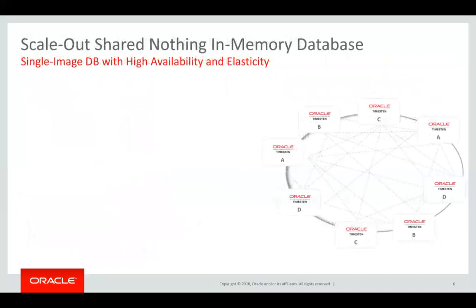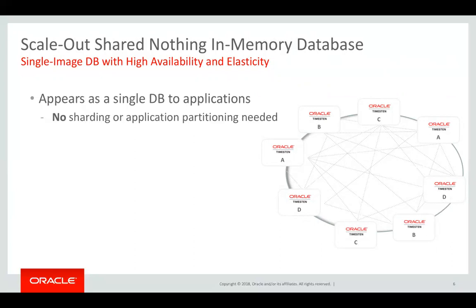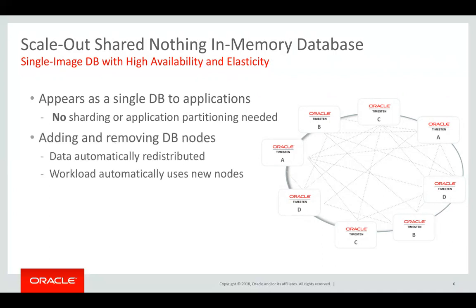It is a scale-out, shared nothing, in-memory database architecture featuring high availability and elasticity. It appears as a single image database to applications. Applications do not need any kind of sharding or partitioning. It is elastic. You can add and remove nodes from this architecture, and the data is automatically redistributed, and the workload automatically will use any new nodes that are added to the configuration.